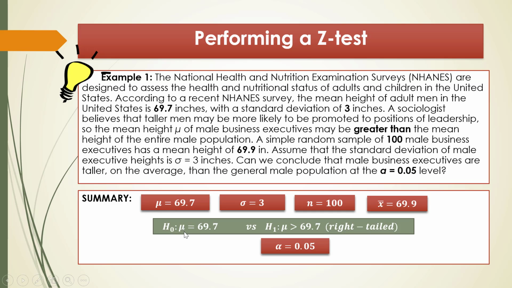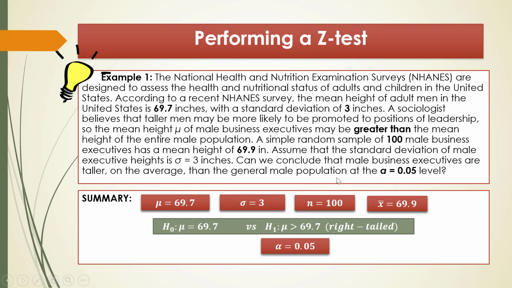So the null hypothesis says that the mean height of the male business executives should be the same as 69.7, and the alternative says that it should be higher, because here the sociologist believes that taller men may be more likely to be promoted to a position of leadership, so the mean height of the male business executives may be greater than the mean height of the entire male population.